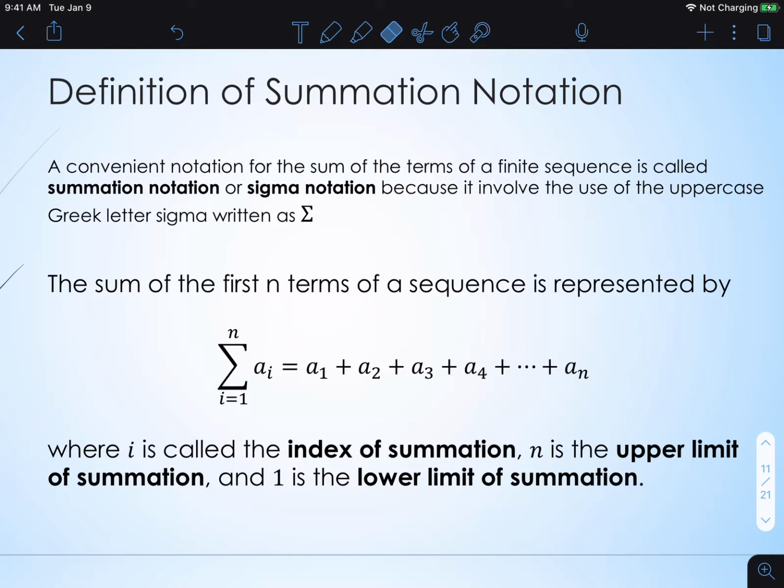So altogether, this sigma with the i equals 1 in the bottom branch and n at the top branch, and then that phrase a sub i makes up the whole sigma notation. So when you use it, this particular one says that this is equal to a sub 1 plus a sub 2 plus a sub 3 plus a sub 4, and on and on and on, succeeding all the way to a sub n.